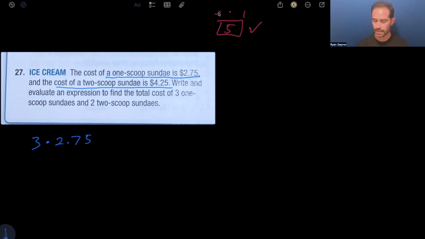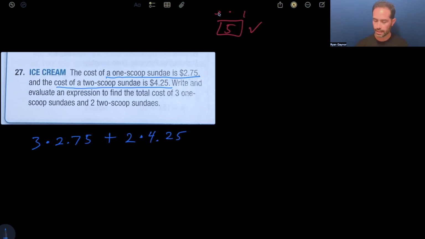And 2 scoops. So and means plus, right? So 3 times $2.75 plus 2 times $4.25.